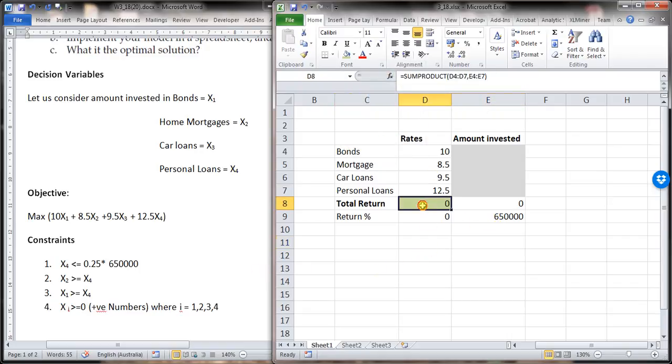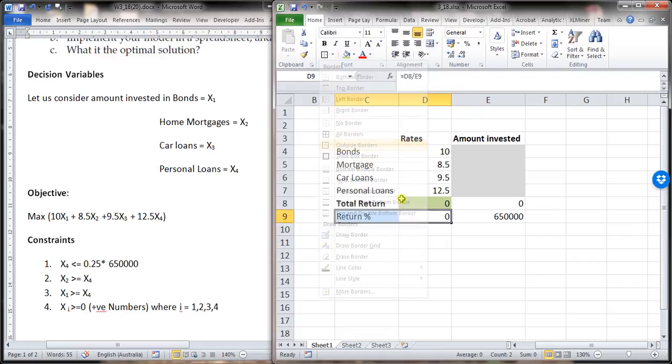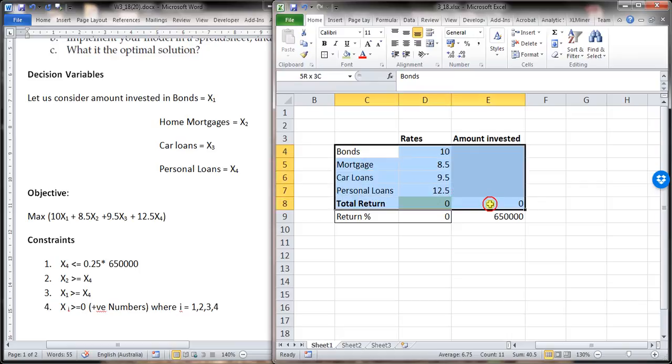This is our objective, the rates multiplied with these values. This is the sum constraint. This is the return percentage. The other constraint is that x4 should be less than 25% of the total.